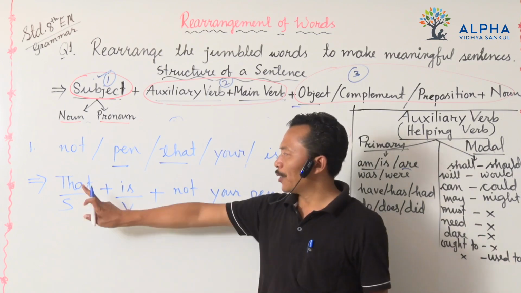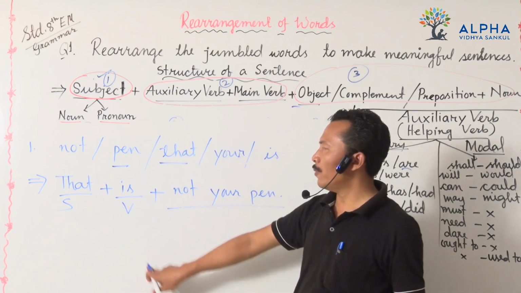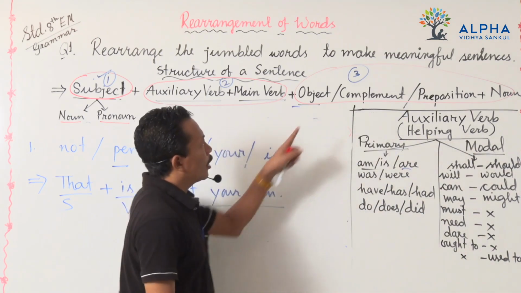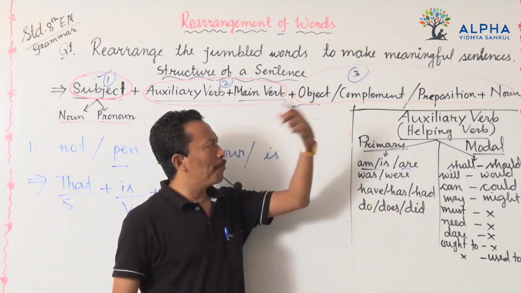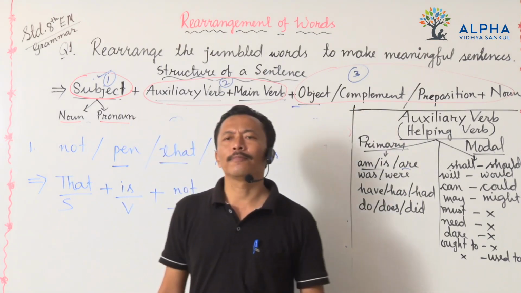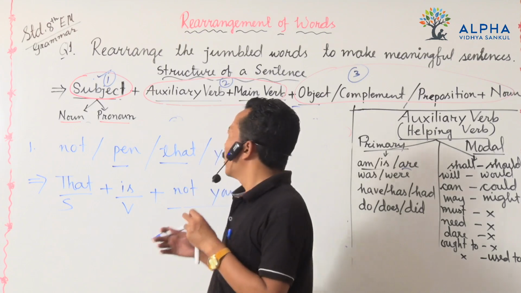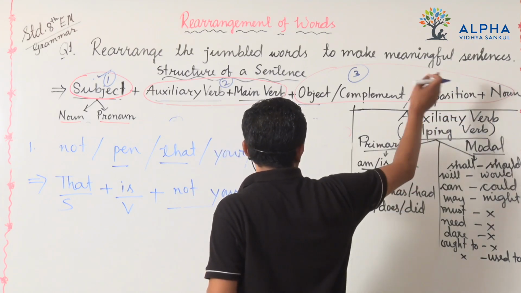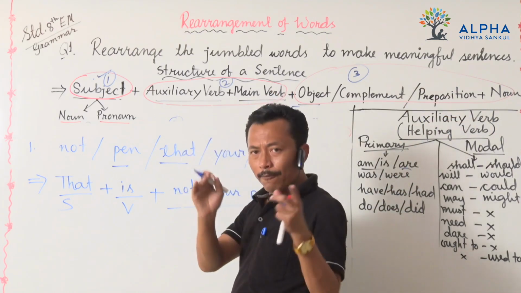Don't forget, after subject there will be verb. After verb there will be object or complement or preposition plus noun, and there will be adverbs also.